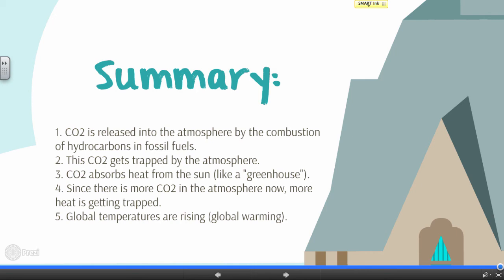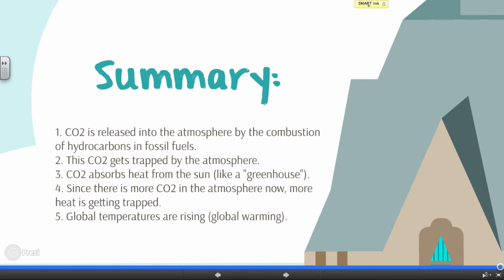So the CO2 is kind of like an extra layer, an extra blanket. It keeps making things hotter because it keeps absorbing the heat. Because there's more CO2 in the atmosphere now, more heat is able to get trapped by the CO2. Because of this, global temperatures are rising, which is called global warming.